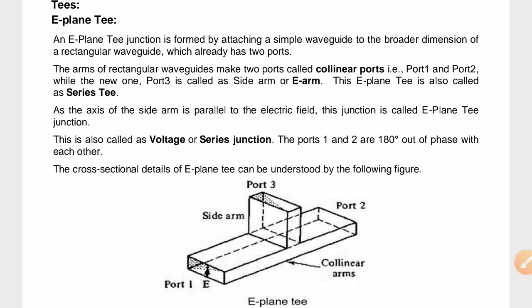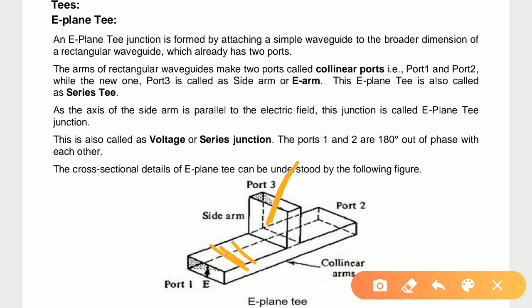An E plane T junction is formed by attaching a simple waveguide to the broader dimension of a rectangular waveguide. This is the broader, wide dimension of this waveguide.